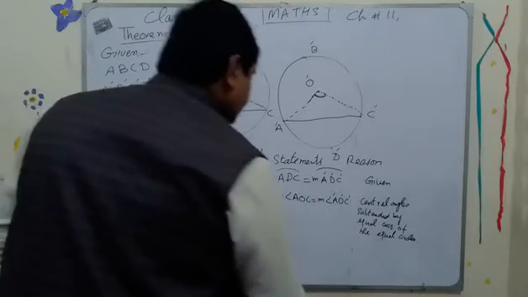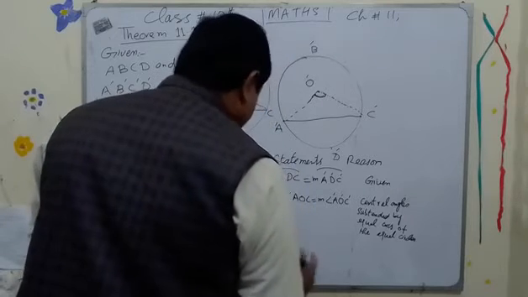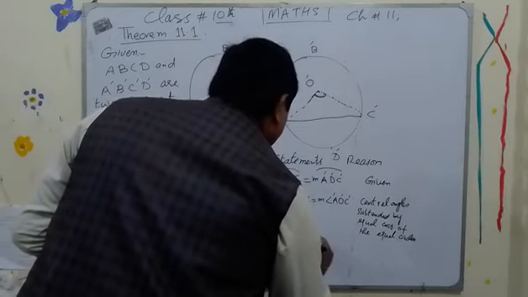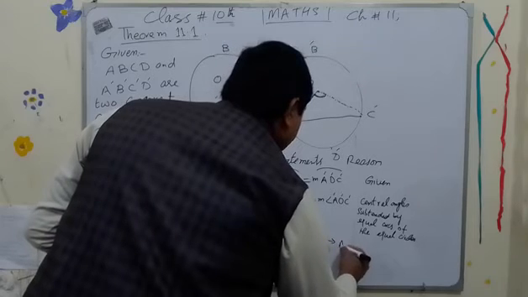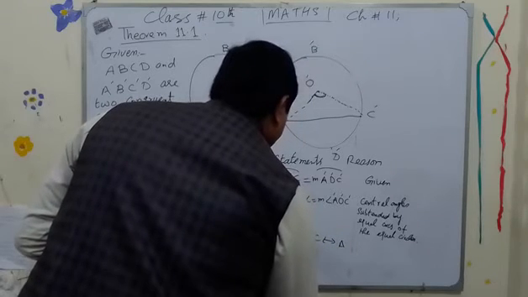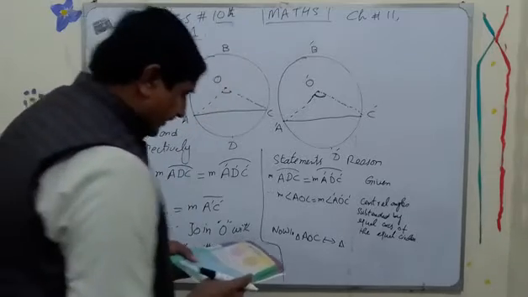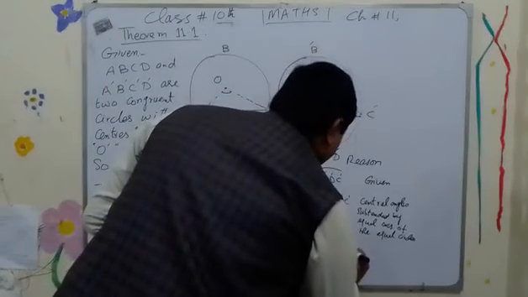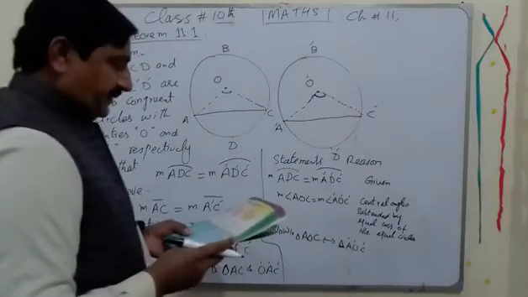Now we have to show the correspondence between the triangles, triangle AOC with the triangle A prime O prime C prime, right?